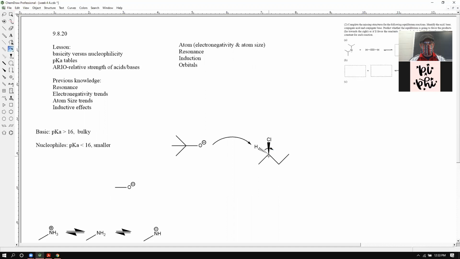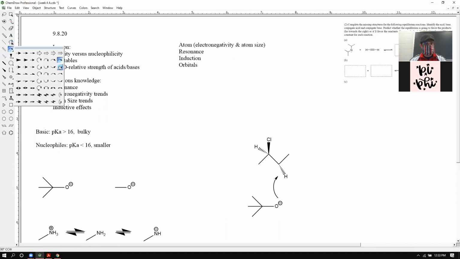And I'll show it as, oops, I made a mistake. There we go. Let's remove a proton there, and undergo an elimination, with our product being propene.